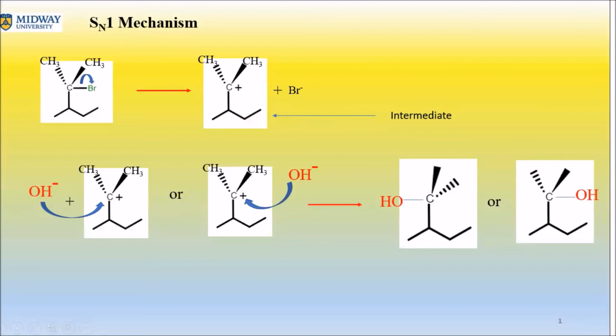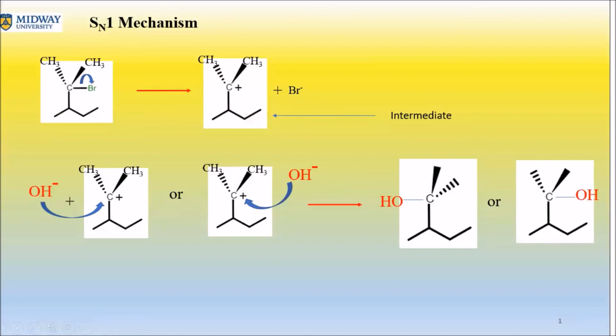Say you started with an R, and you have a same side attack, that leads to the formation of an R because of retention of configuration. Say you started with an R and the nucleophile attacks the backside, then that leads to an inversion of configuration, so you will have an S.